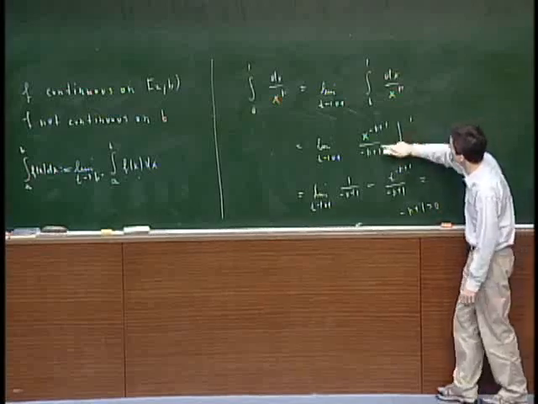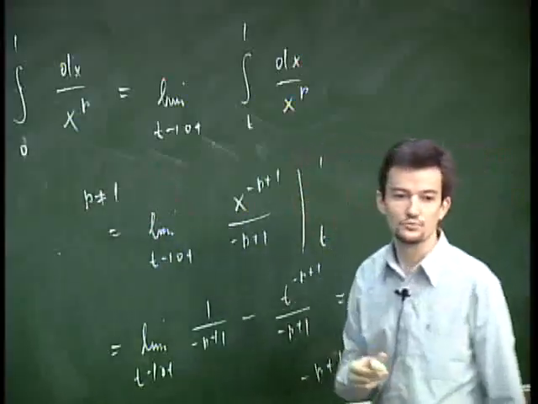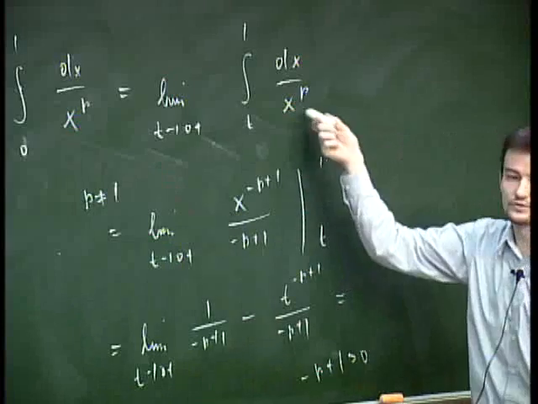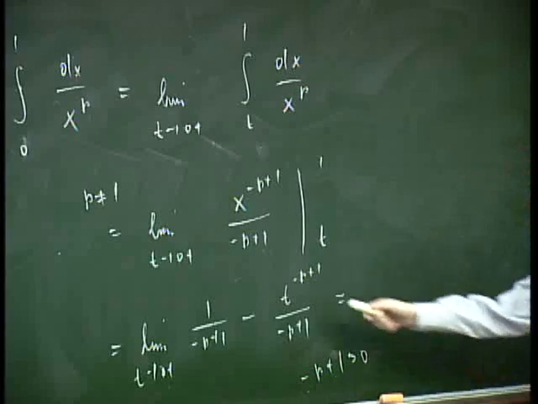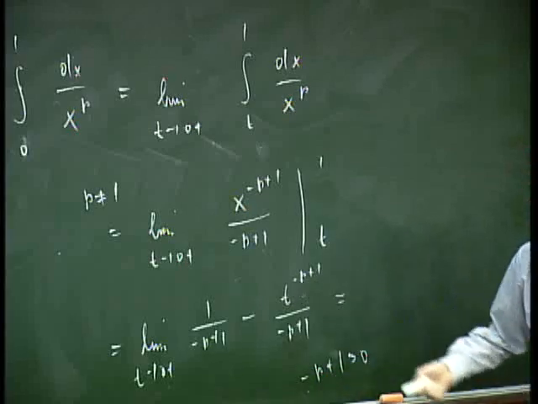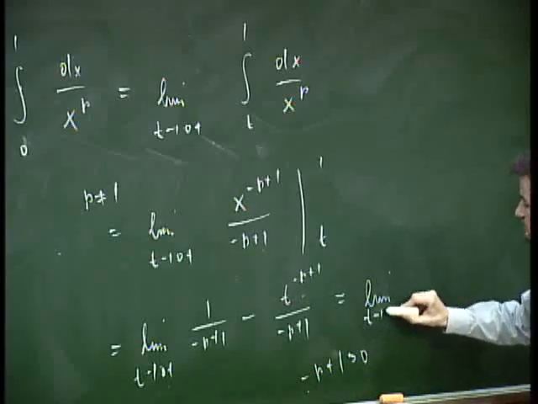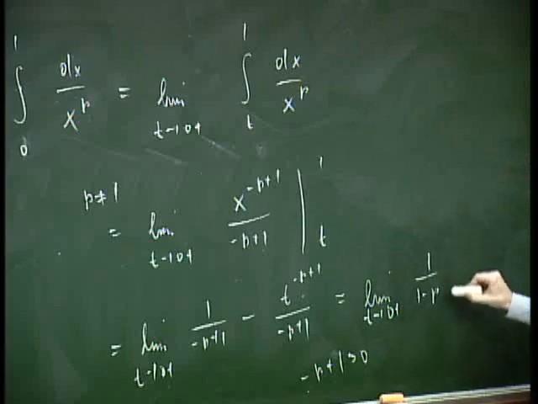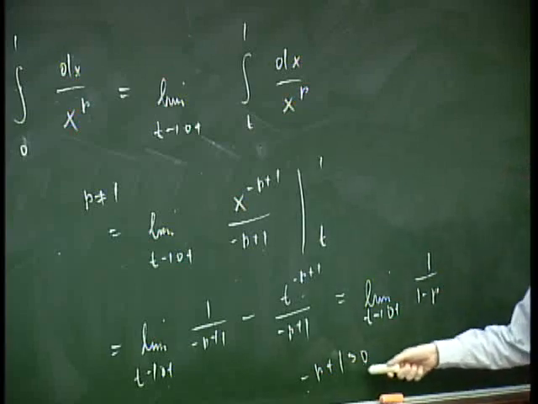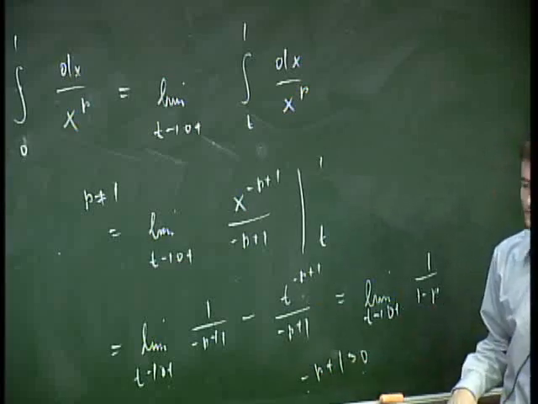So here I excluded the case p equal to 1, otherwise this is not the antiderivative of this function. So if minus p plus 1 is larger than 0, then this term here tends to 0. In this case the integral exists and is equal to 1 over 1 minus p. And if this is smaller than 0, this integral will not exist, it will tend to infinity.